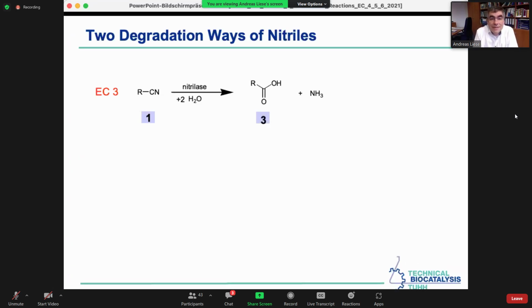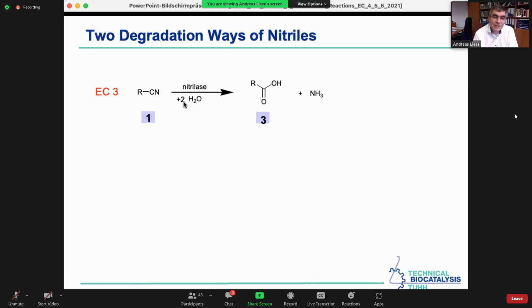Now, if we apply an EC3 enzyme, a hydrolase, not a ligase, we would add water. Adding water will end up with the free acid and ammonia being released. And it's a hydrolase once again because we have 1, 2 starting materials generating 1, 2 products.